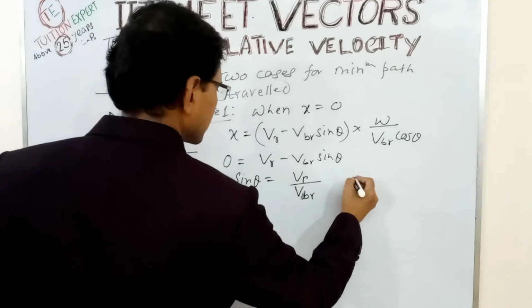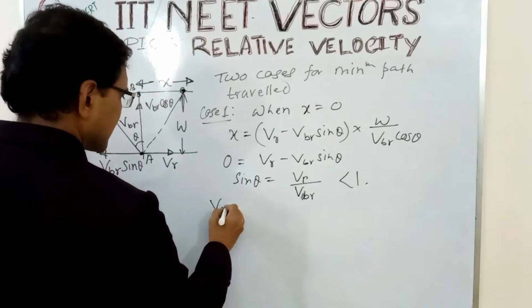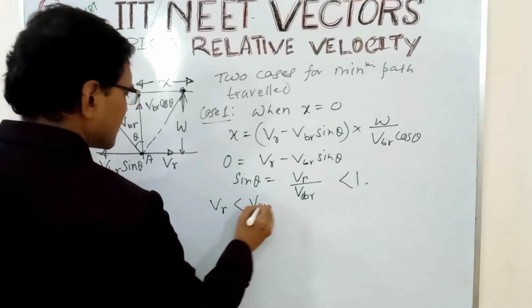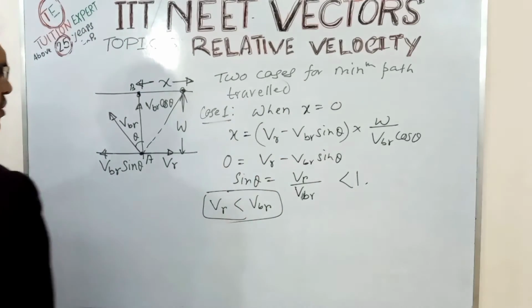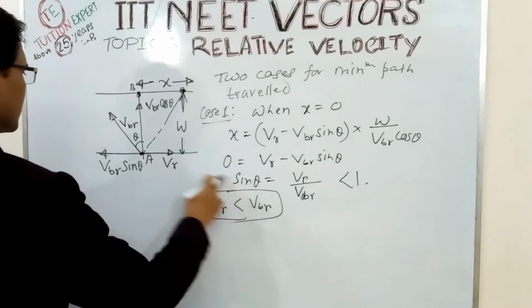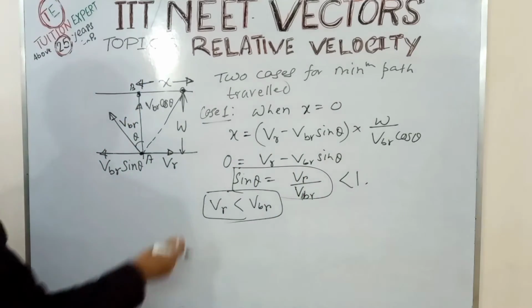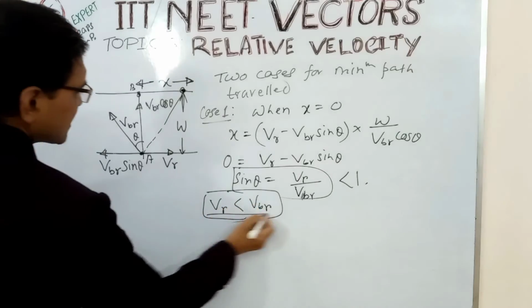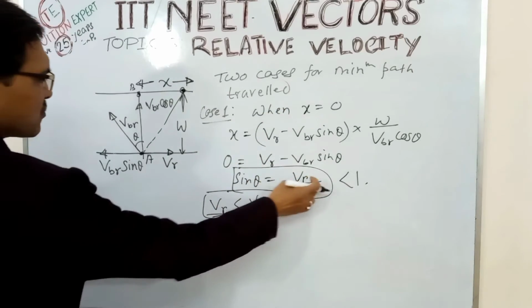Now as sin theta is less than 1, VR is less than VBR. So for this case, when x equals 0, the angle is given by sin theta equals VR by VBR, and VR is less than VBR. This is the condition when x equals 0.